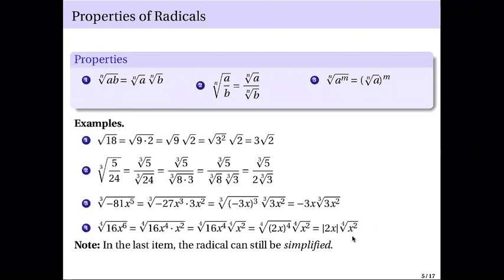So this one here is not simplified because x has power 2, the index is 4, and 2 and 4 have a common factor. The common factor is 2. So you can still simplify this. Questions so far?